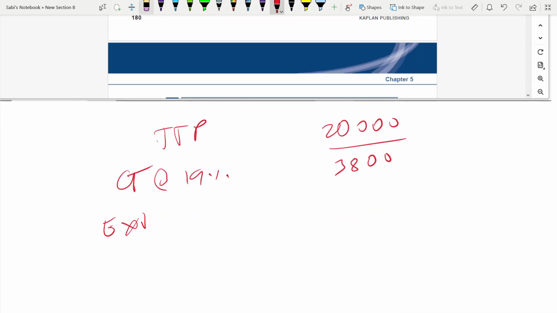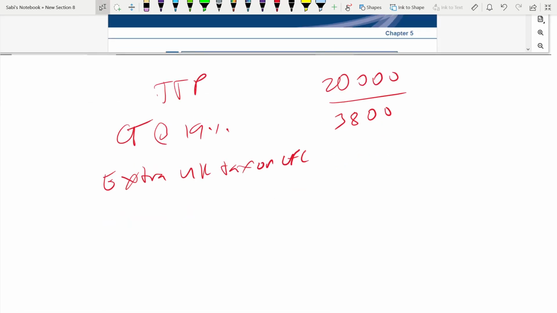Now extra UK tax on CFC profit. Okay, there is extra UK tax on CFC profit. Remember, UK tax on apportioned profit is at the main rate. So how do you get it? 25%. It is always at 25%. Then how much do you own? Remember, you have to apportion it. You hold 90%.